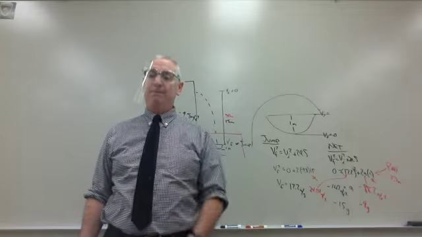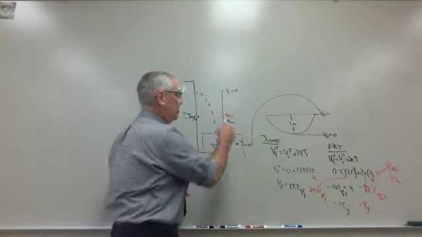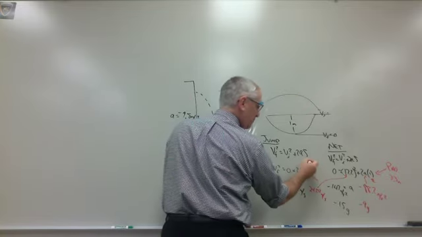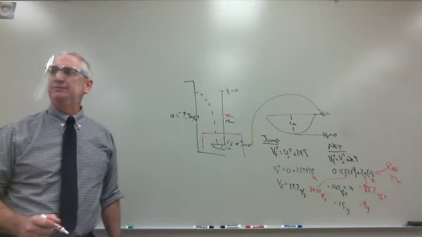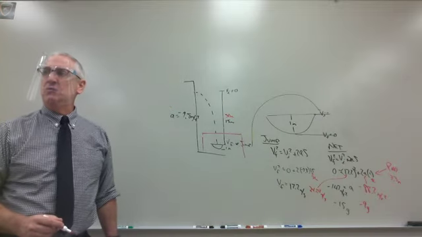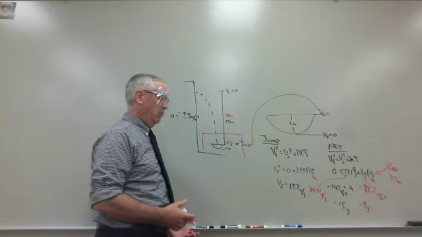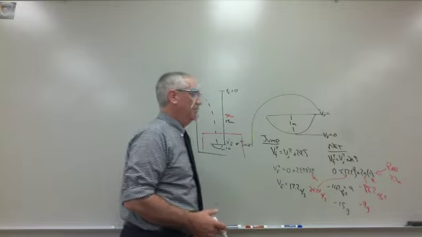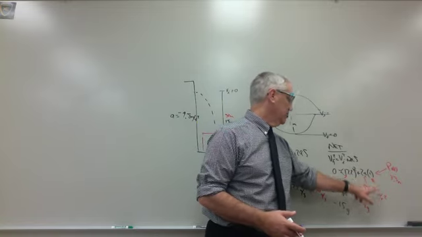Yes, ma'am. Where'd you get 24.2? Right here. By taking this 30 and putting it in for distance right here instead of 15. So how fast is he going when he gets to the pad is 24.24. I plug that in over here, and I plug in the acceleration that I want.